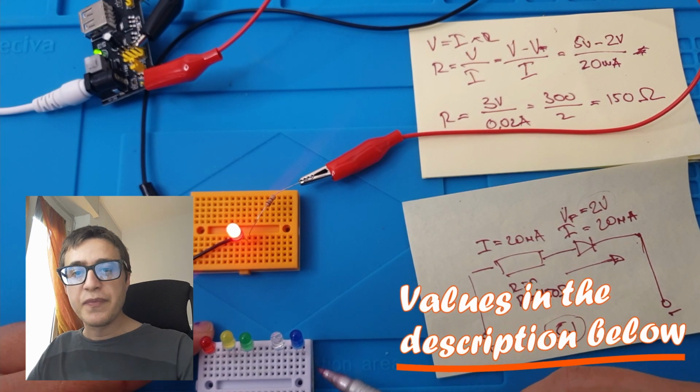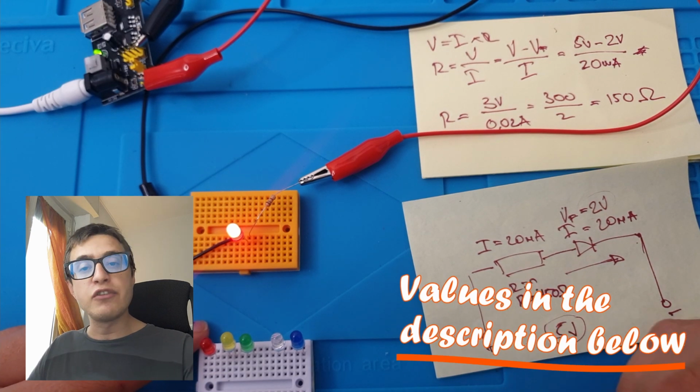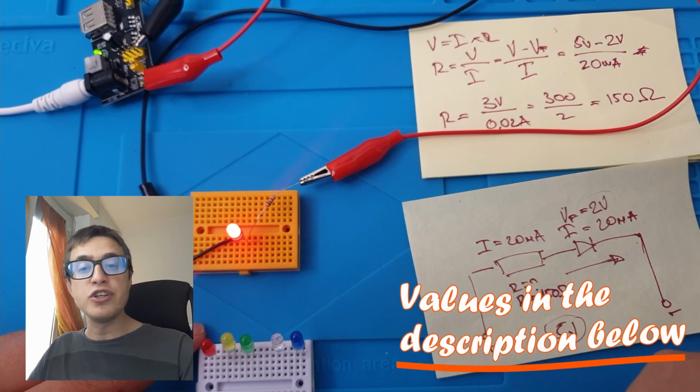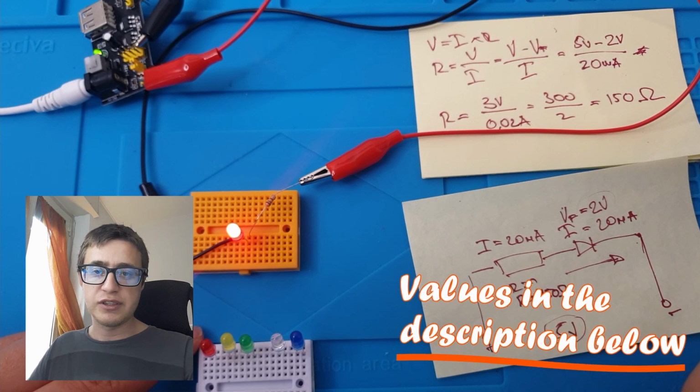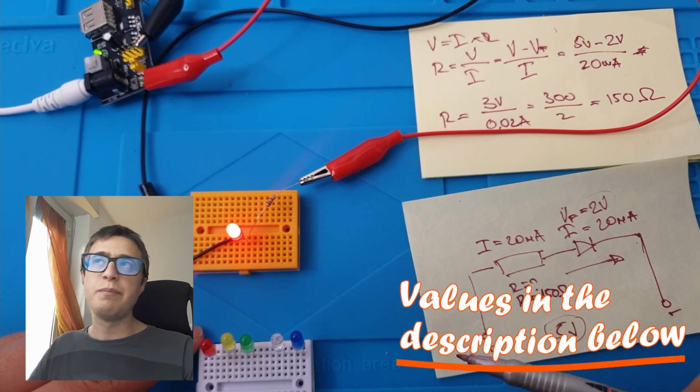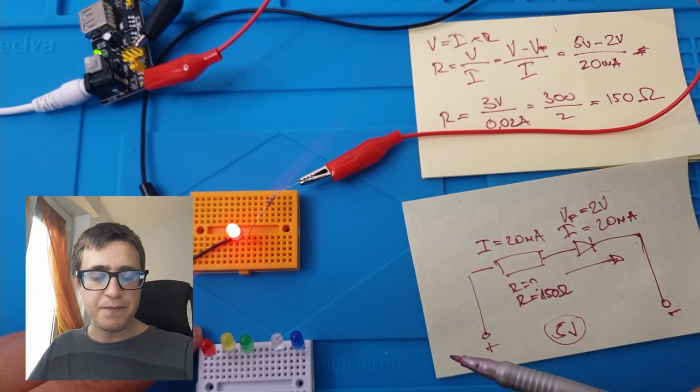The blue one has a current requirement of 30 milliamps and a forward voltage of 3.4 volts. So it will need a resistor of between 50 and 60 ohms.